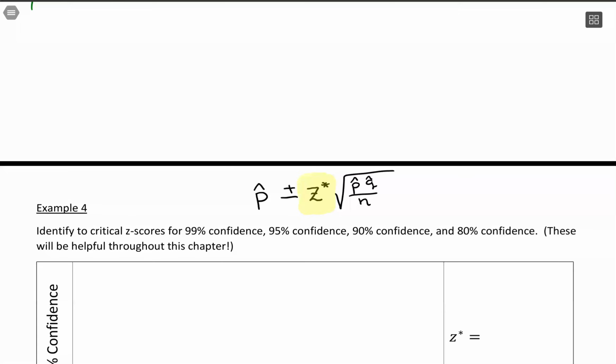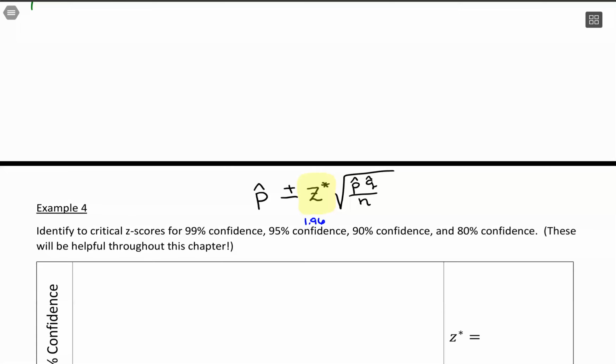But there's this value that we'll need to plug in based on the confidence level that we're using. And it'll change based on confidence level. So like when we did 95% confidence, we used 1.96 right there, but if we switch to 99% confidence, that'll change.